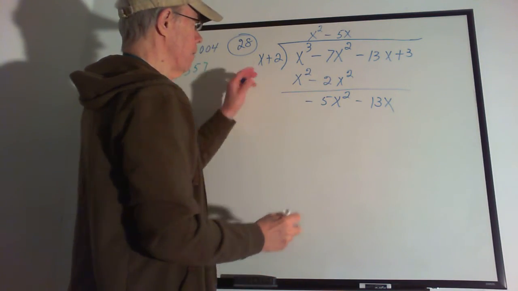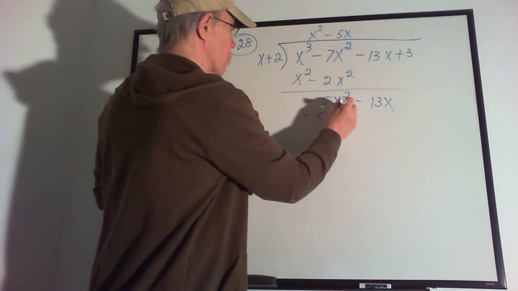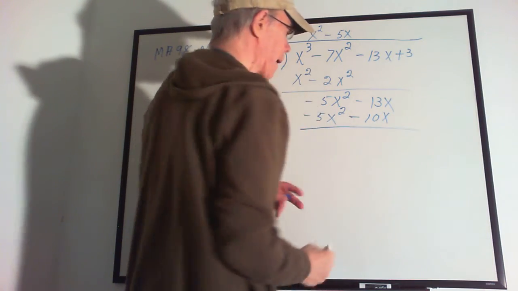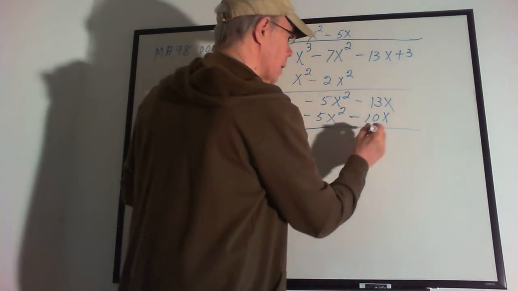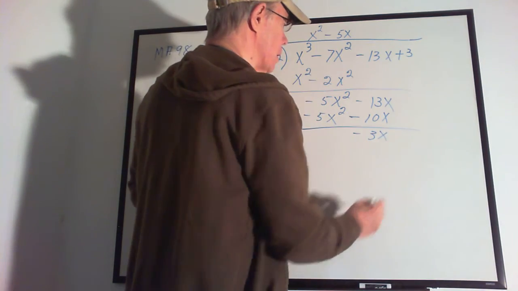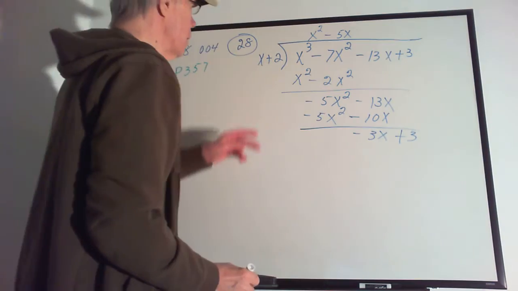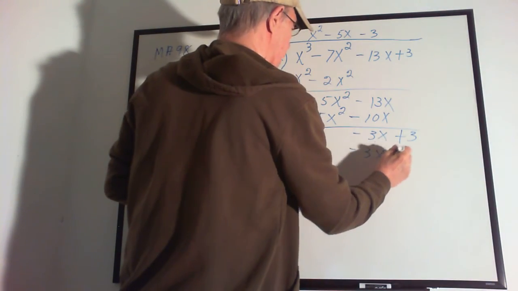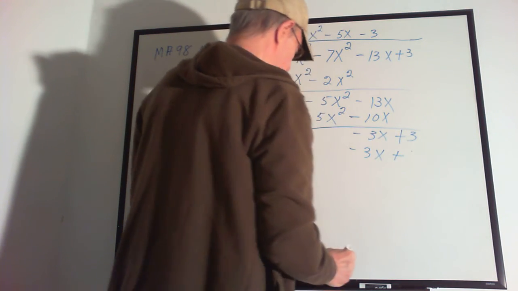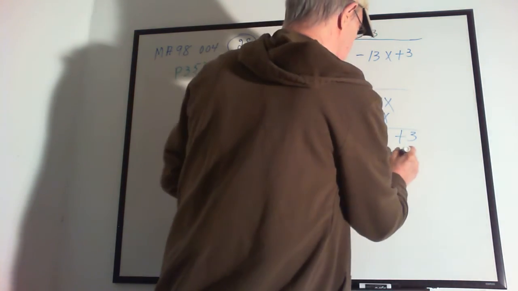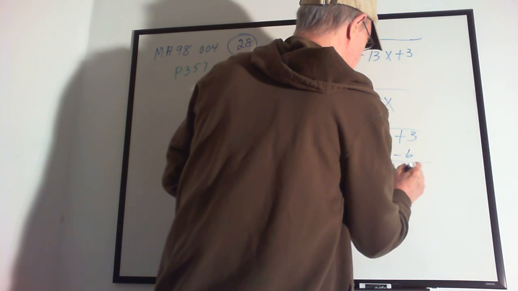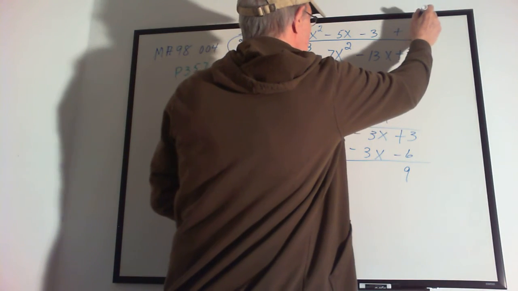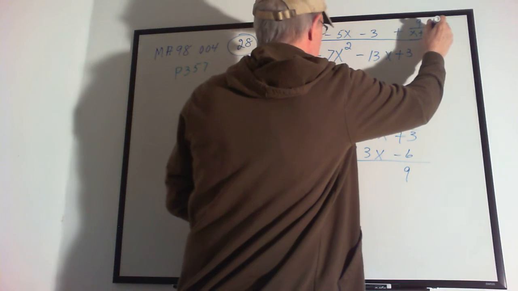That's going to give me negative 5x squared minus 10x. Subtract them, I'm going to change the signs. I'm going to get negative 3x. Bring down the 3. This is going to give me a negative 3, which gives me negative 3x plus, minus 6. It's going to give me a plus 9. So I have a remainder of 9 over x plus 2.